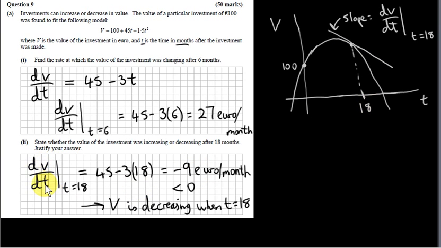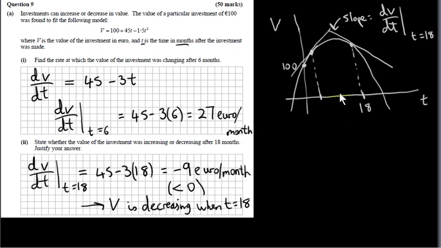So all we do is we take the derivative and see if the result is positive or negative. In this case it's less than 0, it's negative, so V is decreasing. If we got a value that was greater than 0, we would conclude that V is increasing. For example, at a value of t over here, we would see that V is increasing, and the slope of this tangent is positive.